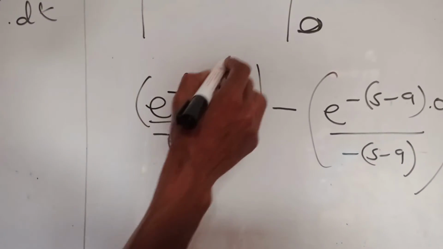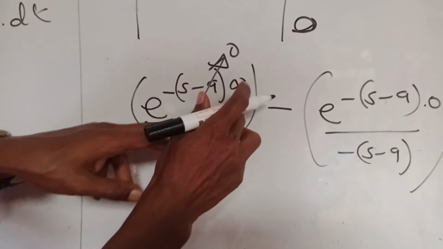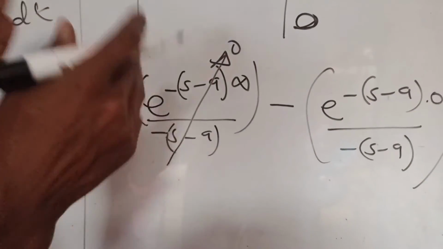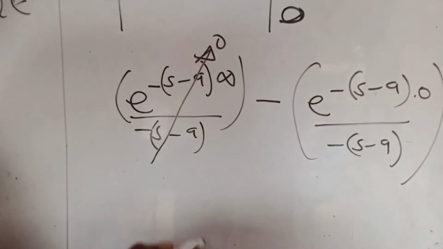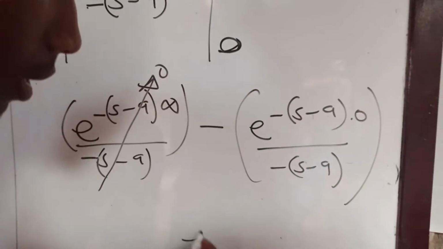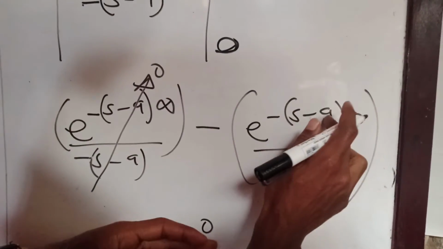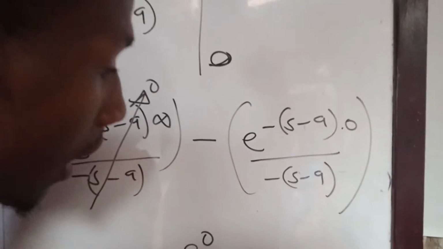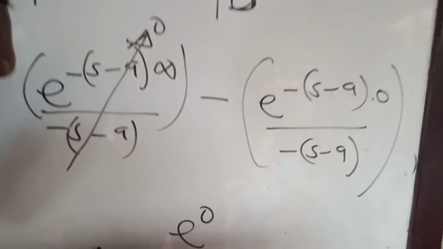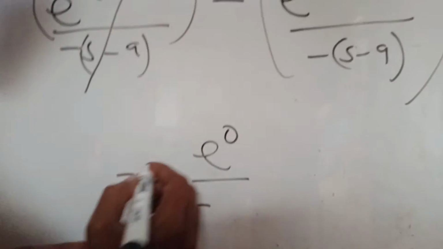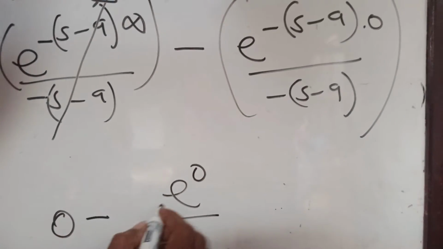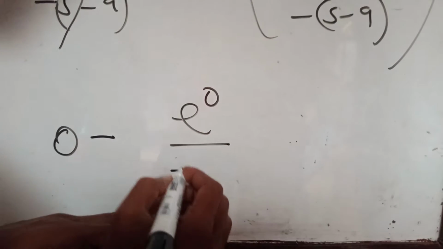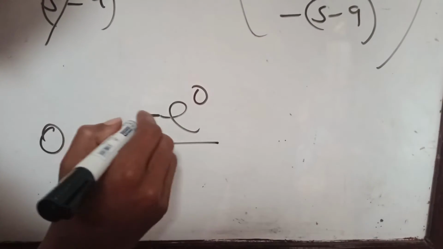So this one tends to 0, because we raise this to negative infinity, and anything we raise to negative infinity tends to 0. And here, this is e raised to 0, because minus s minus a times 0 is e raised to 0. This is over minus, so remember that we have this negative here, because this is 0 minus this one here. So this minus can come up here.